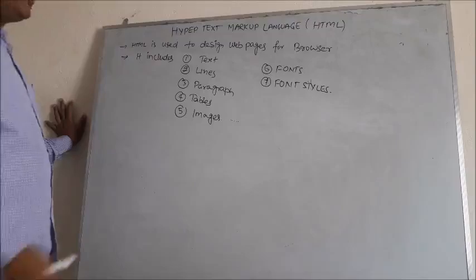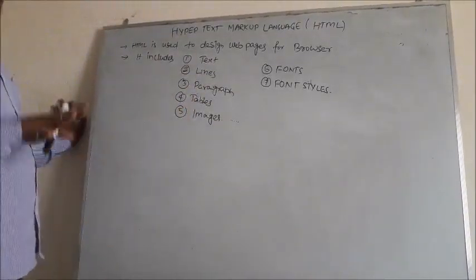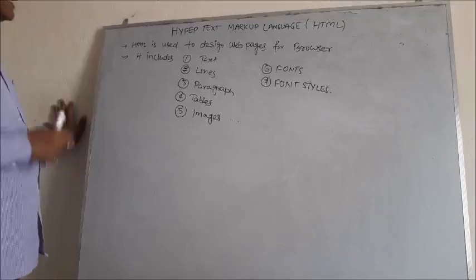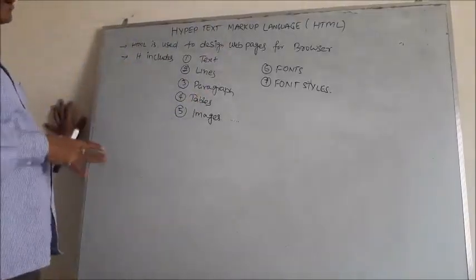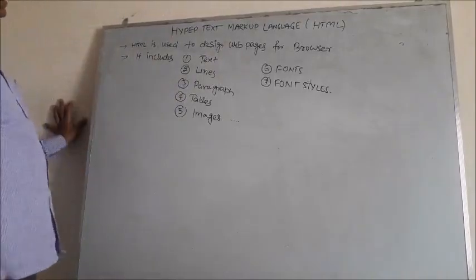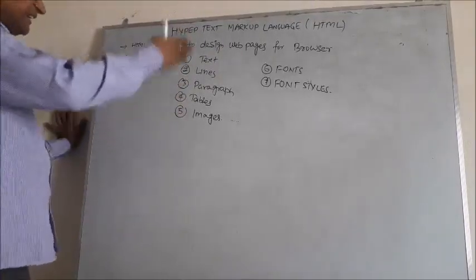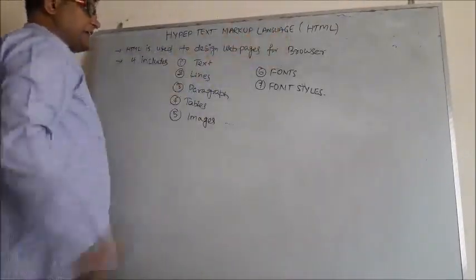In fonts there are also 6 types of headings which can be used in developing web pages in HTML, right? One by one I am going to explain how we can write these features in HTML to design a web page for an internet browser.